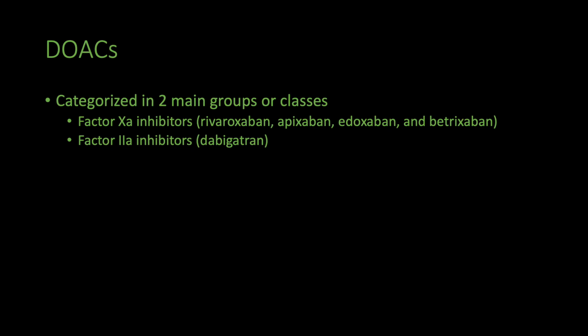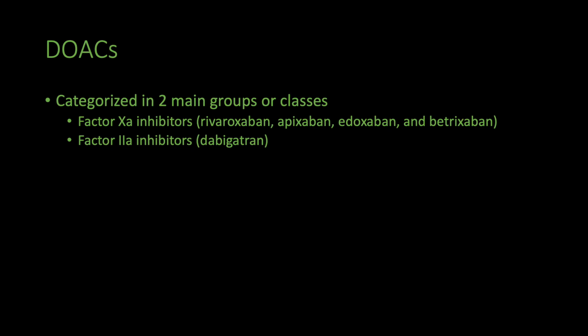You can make a mnemonic however you like. You can make it as READ, as an example, to represent the factor 10A inhibitors. And then there's a factor 2A inhibitor or thrombin inhibitor, and that is dabigatran or Pradaxa.